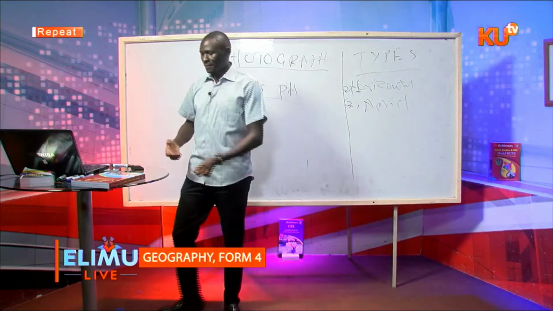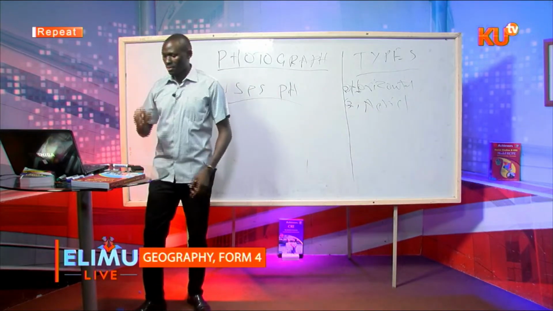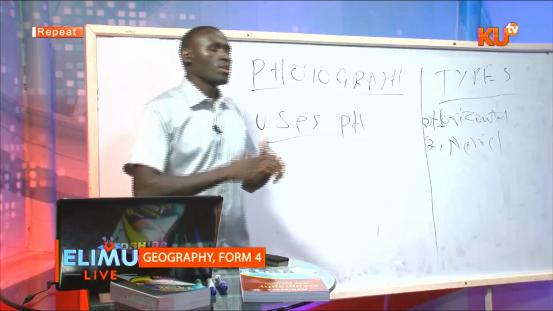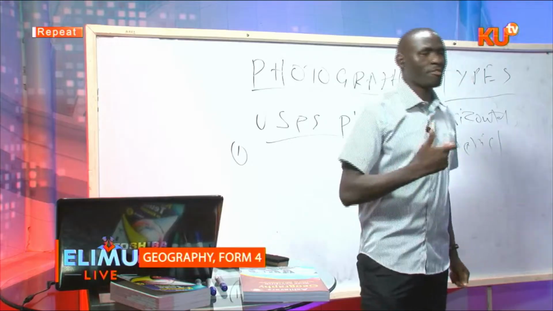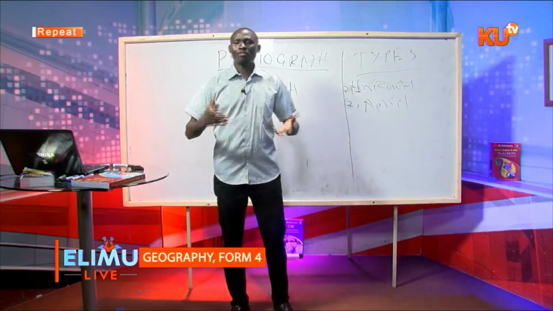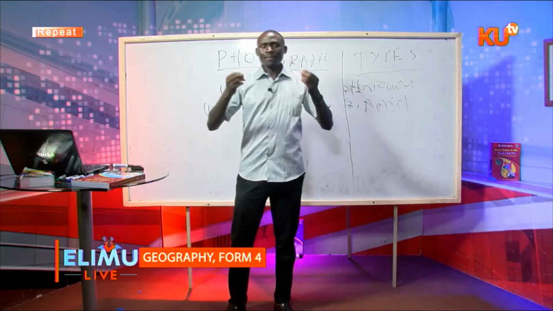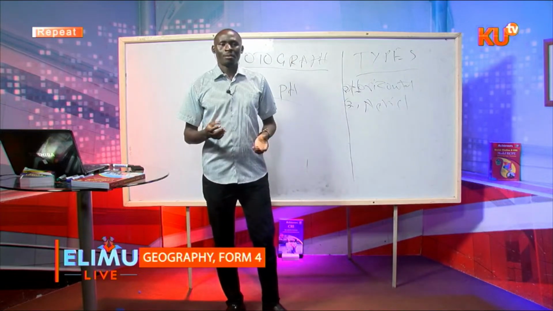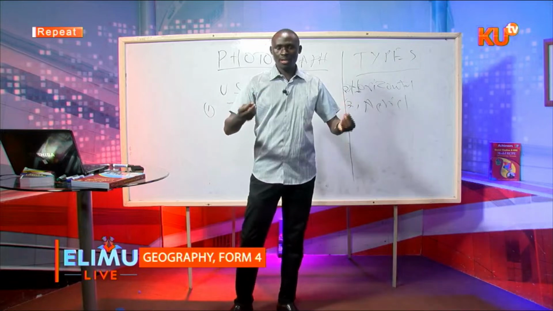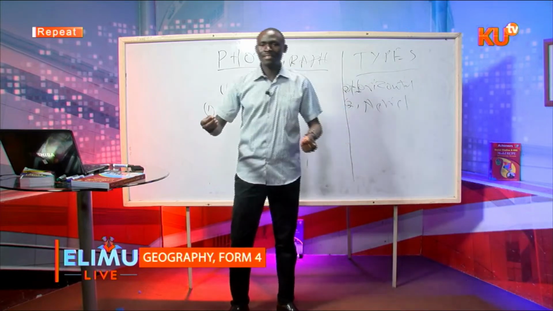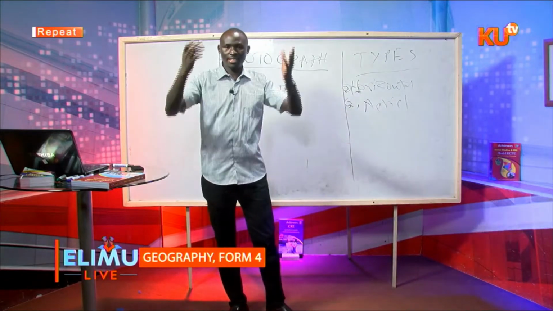So let's look at the other use. Aerial photographs have been used to give vital information about the land that we live in. If we want to identify some problems or features, aerial photographs are taken.